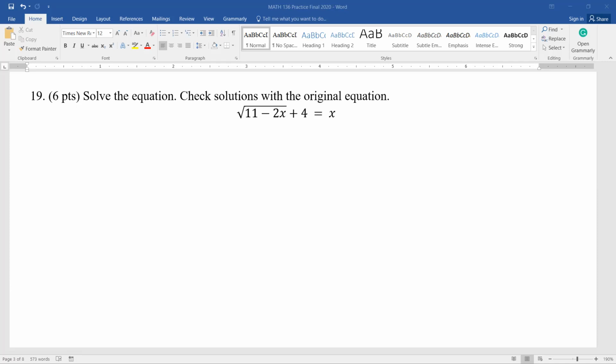When we check them, we're just making sure that neither one of them gives us an extraneous solution. So we're going to go back to the original, and we're going to check each one individually. So I'm going to check 5 first, just because it was the answer we got first.